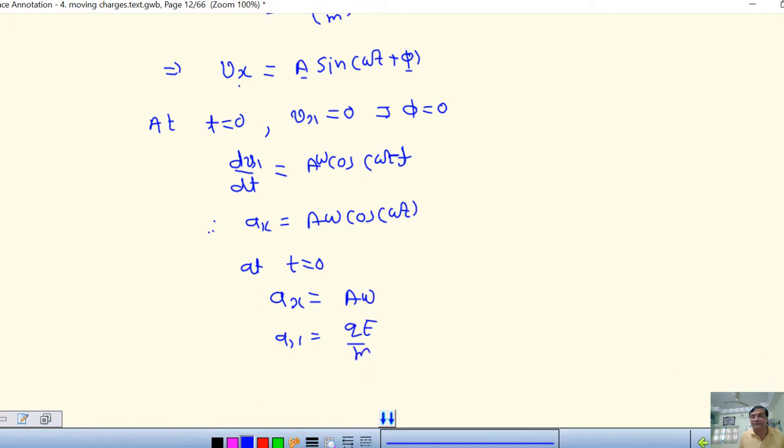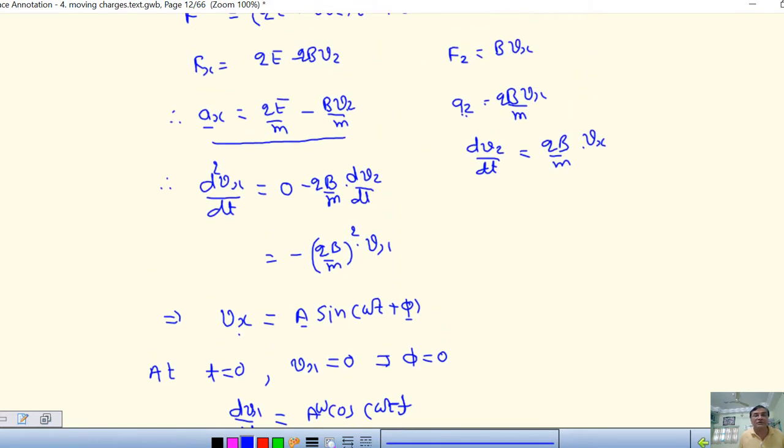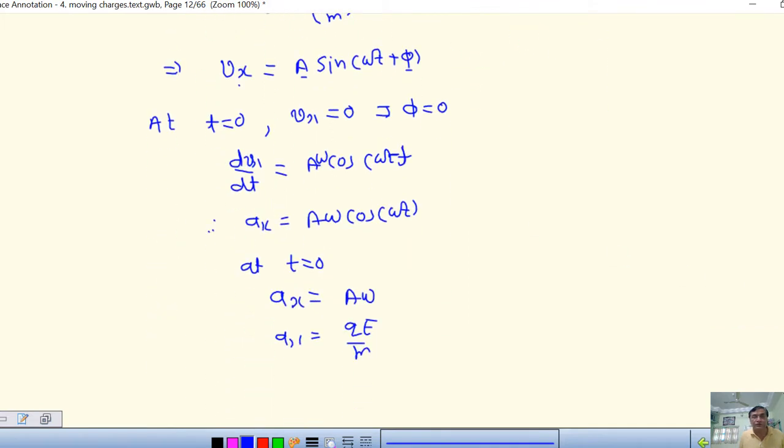Comparing these two, we get a omega is equal to qe upon m.